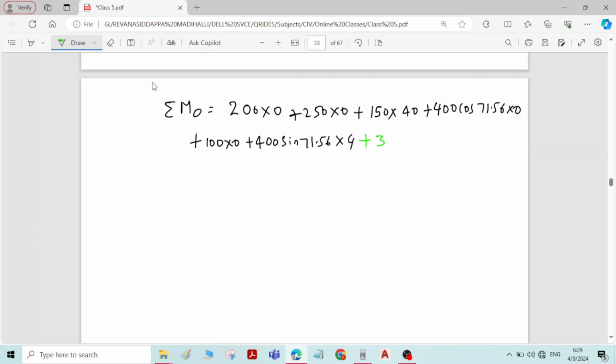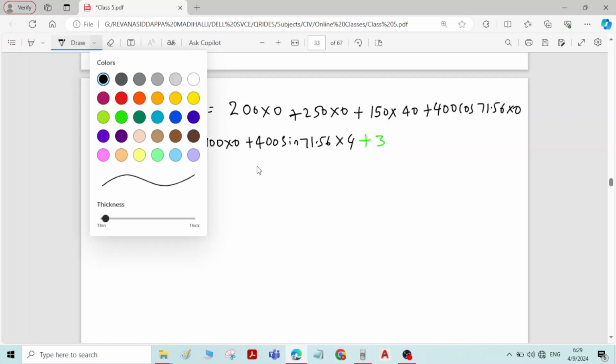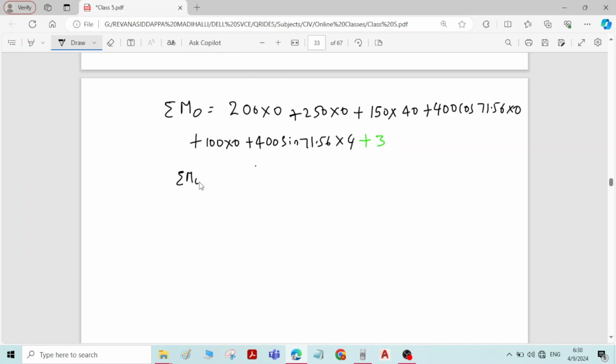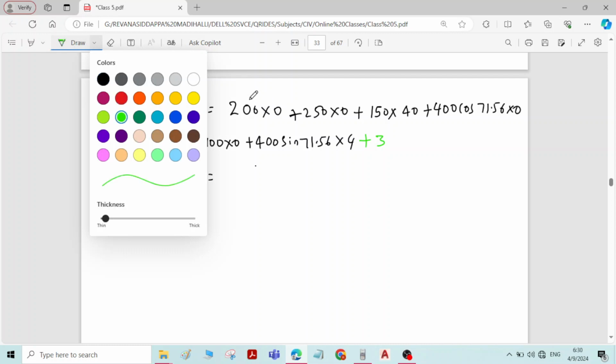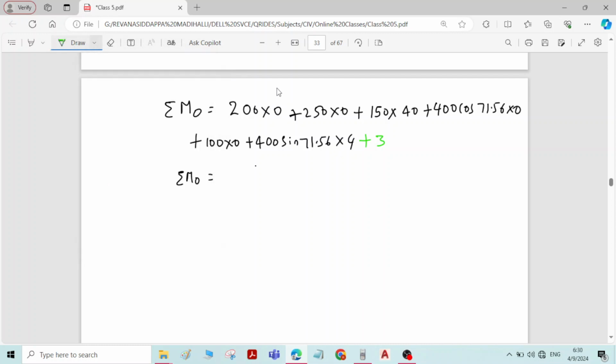Now we will calculate sigma M naught. Sigma M naught is equal to 200 into 0, so this value is 0, this value is 0, this value is 0, this value is 0.